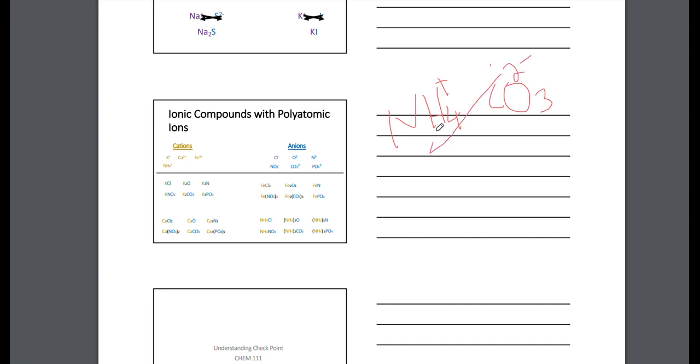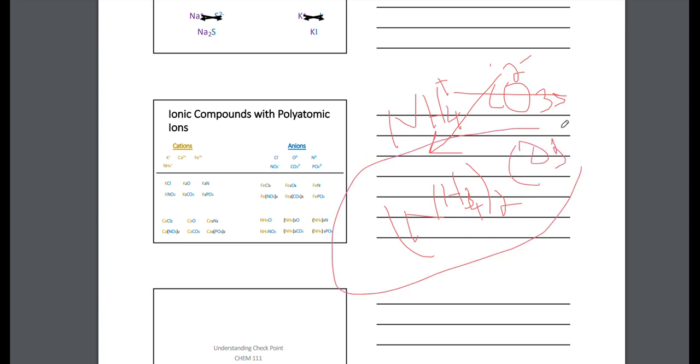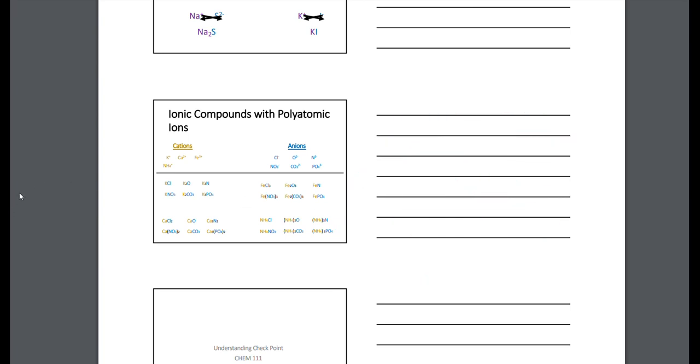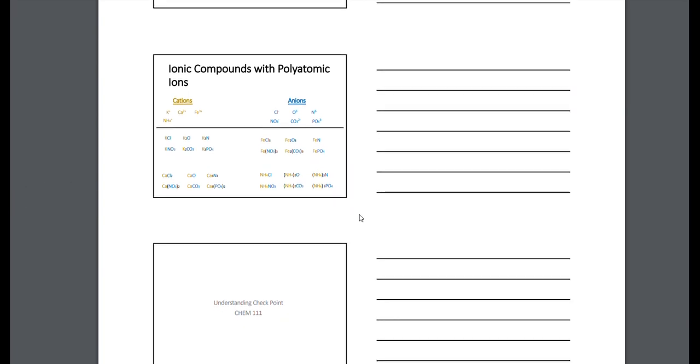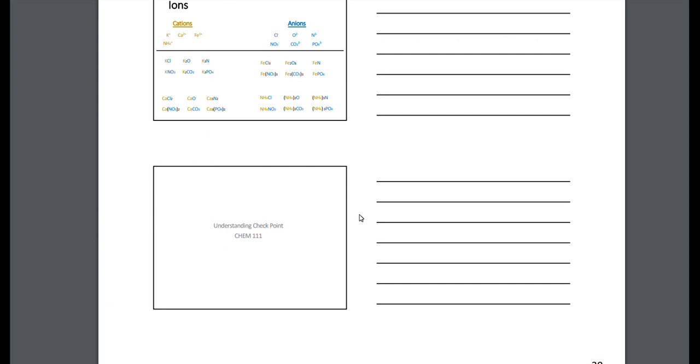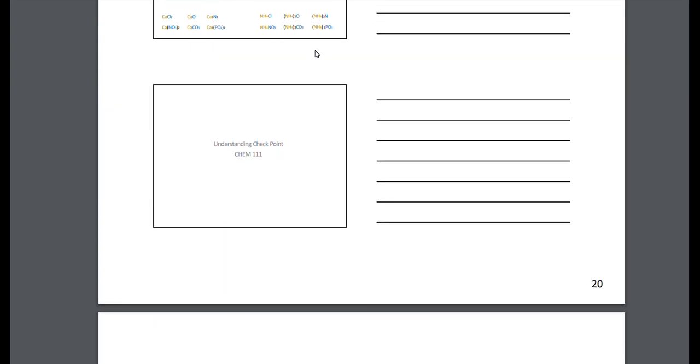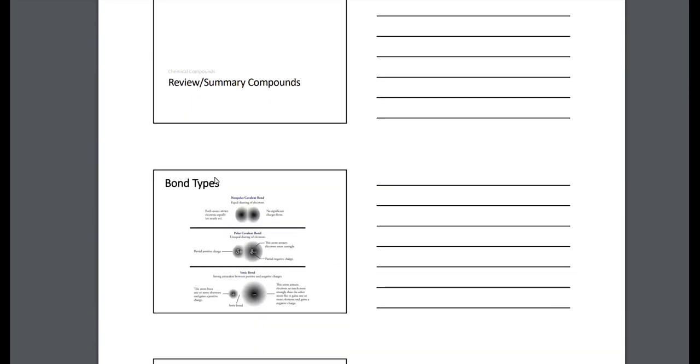So what we do, we swap the charges just like this. So it will be ammonium, NH4, 2 carbonate. Okay? That's when it comes to doing polyatomic ions. Cations and anions, obviously, because ammonium in this case is the cation.